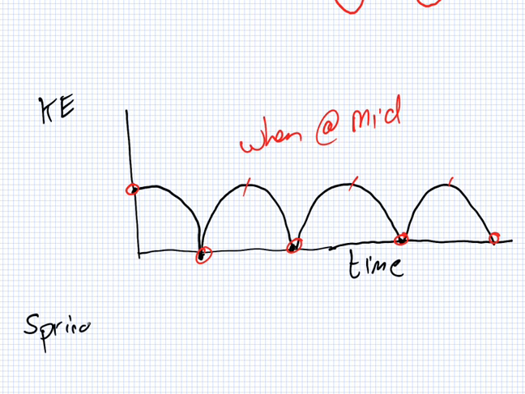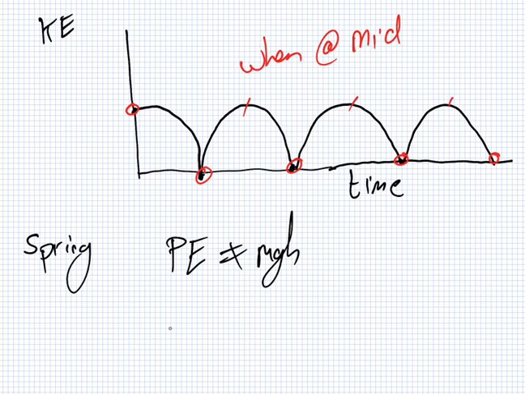Yeah. So for a spring, its potential energy is not mgh. It's a different formula. Potential energy is a half k delta x squared.